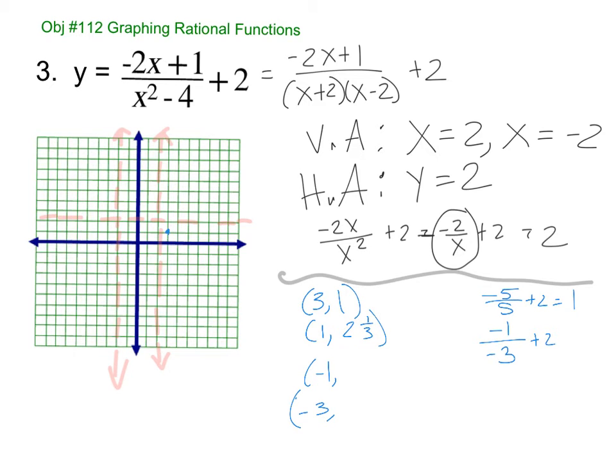And 1, 2 1/3. So I'm like there. All right, let's plug in -1 now. -1 gives me 2 plus 1 over -3 plus 2. So that's a 1. -1, 1.